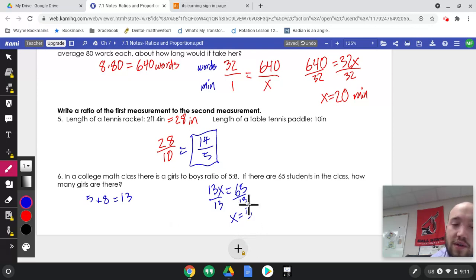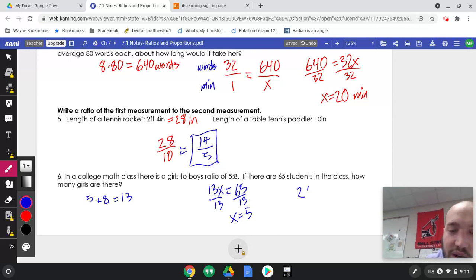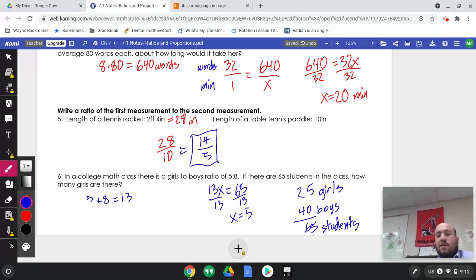So now all I have to do, since the 5 represent girls, we'll take 5 times 5, and we would get 25 girls. Now, it doesn't ask this, but if you wanted to double check, you could do 5 times 8 would be 40 boys. If we add that, 25 plus 40, we're going to get 65 students total. And so we are good on that.